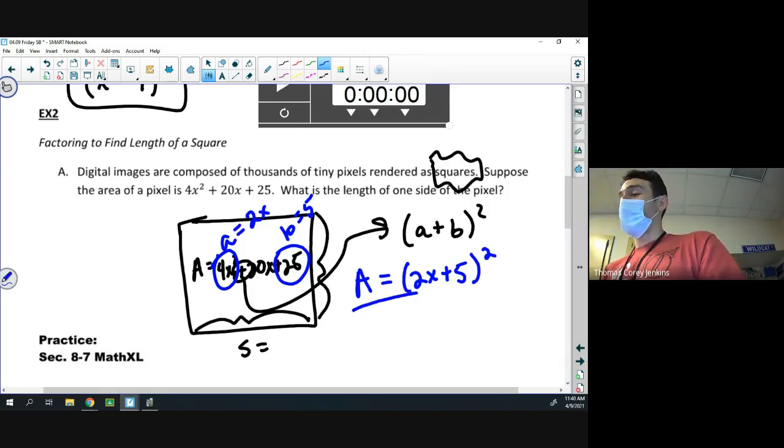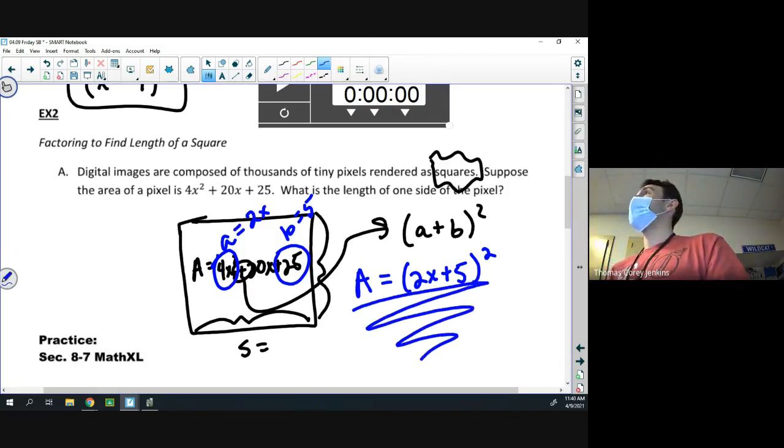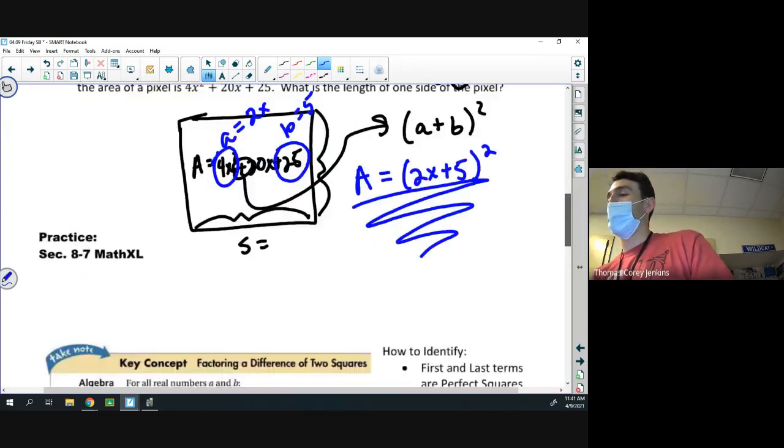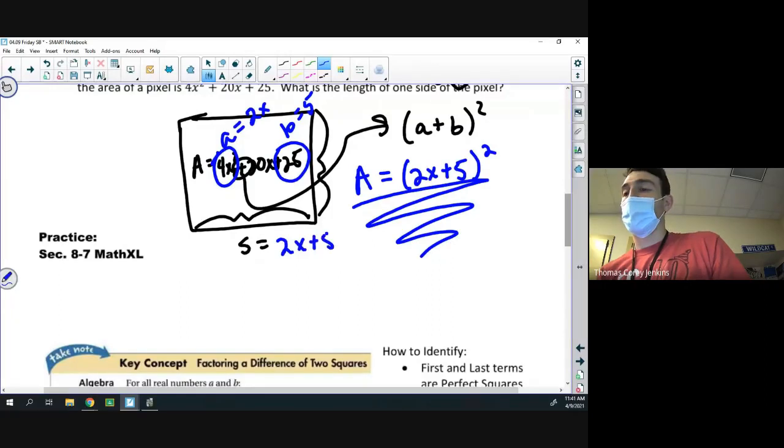So this is the area. So what would the length of one side be? I'll give you a hint. The answer looks almost identical to what we have there. Yeah. It's just 2x plus 5, right? So if that's my area, I know that means side times side. So the length of a side is 2x plus 5 units.